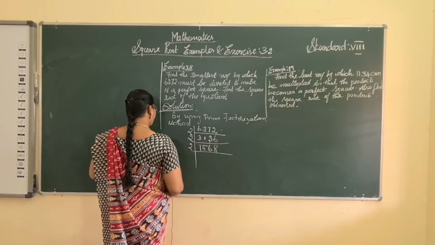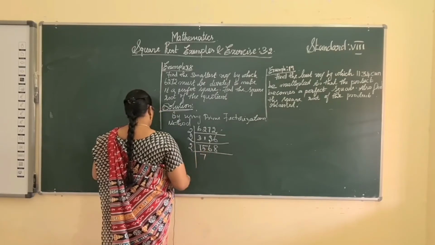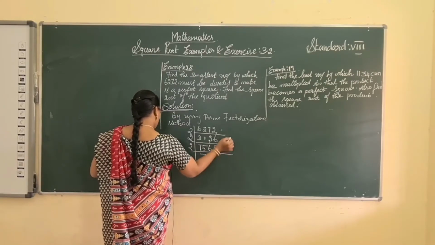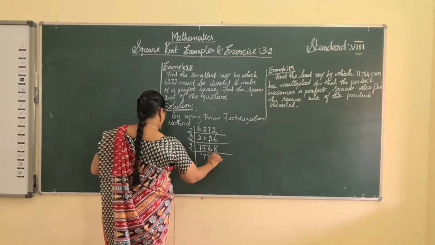Again the 2 table: 2 sevens are 14, 2 eights are 16, then 4.